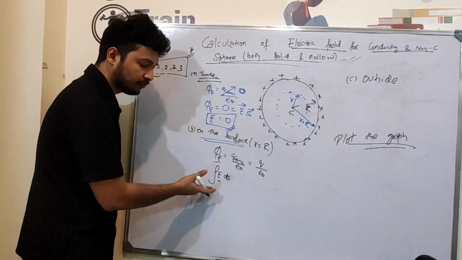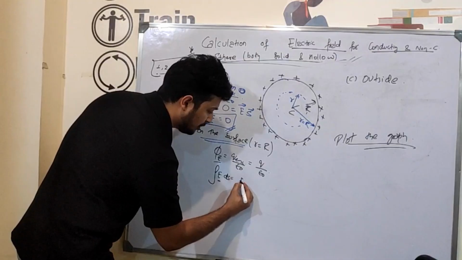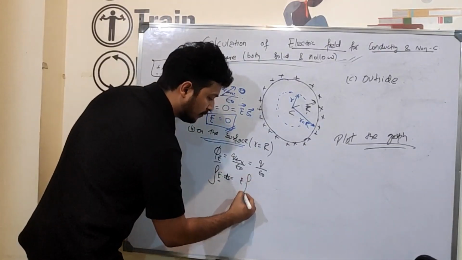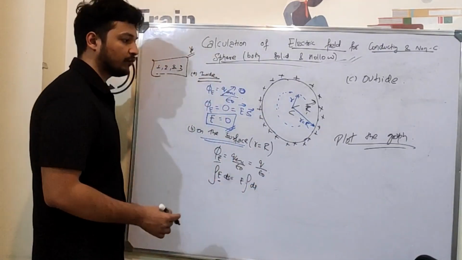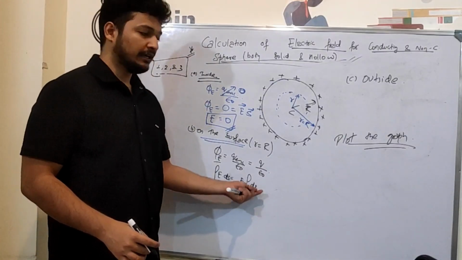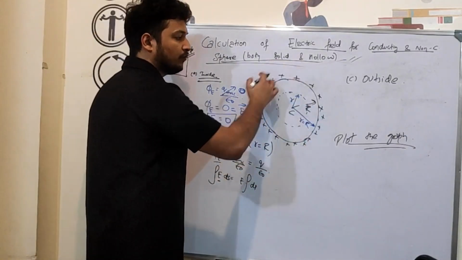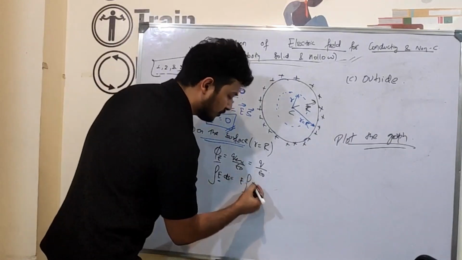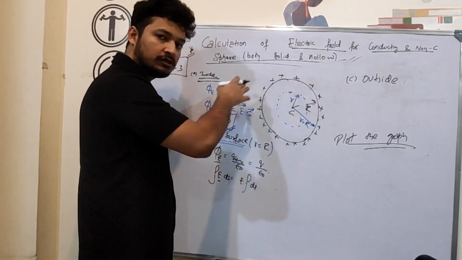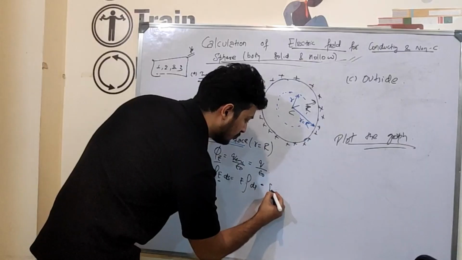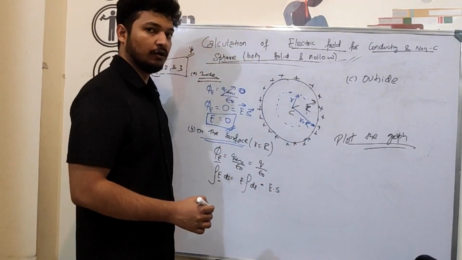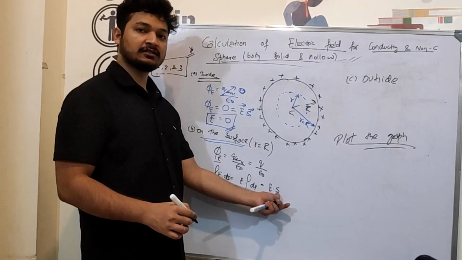That means the value will be equal to E multiplied by the integration of ds. And what is the integration of ds? Integration of ds will just give us the value of the whole surface area, because we are calculating the electric flux for the whole surface. The value will simply be equal to E dot s, where s is representing the surface area, E is representing the electric field.